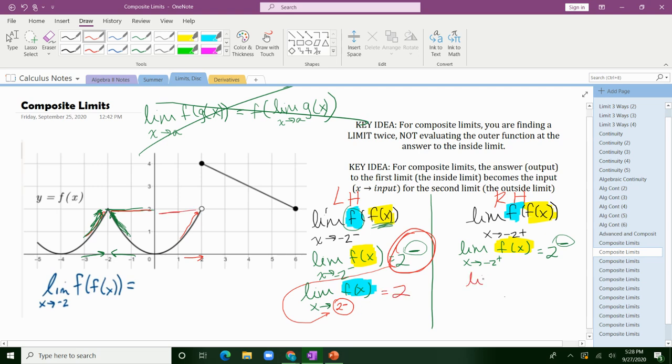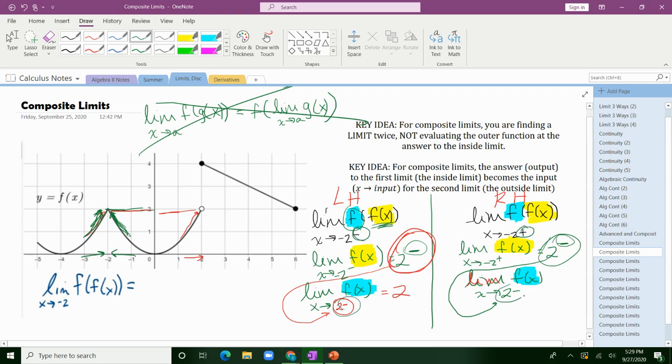Okay, let's see if I get the same thing here. The limit as x approaches... and first of all, this f of x is my outside one. And it's 2 minus, that was the output of the first one, that's going to become the input for the second one. So notice, even though the left and the right hand limits started differently, left and right, they ended up the same.